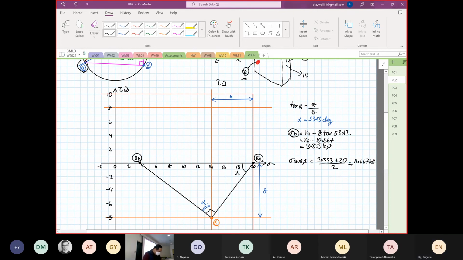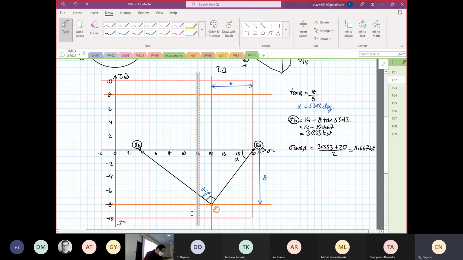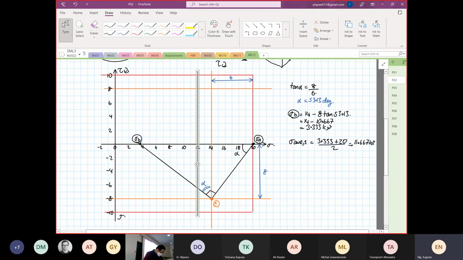So now I'm going to sketch 11.667. No, hold on, undo. I'm going to eyeball these. So we're going to eyeball 11.667. I'm going to draw on 12 first. Okay. 11.667 is somewhere around here.